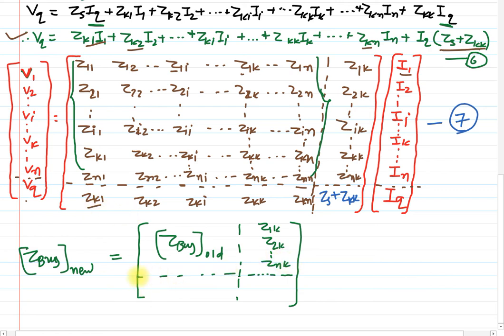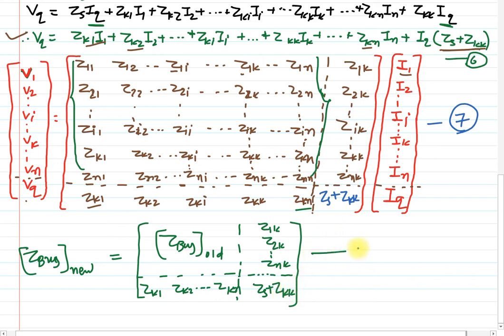Similarly here I have Zk1, Zk2 up to Zkn. Clear? And the diagonal element, which is Zs plus Zkk.